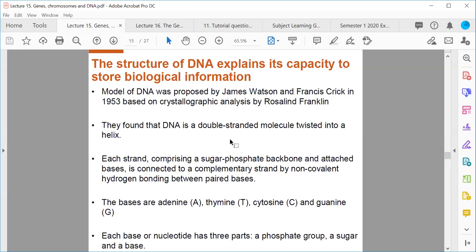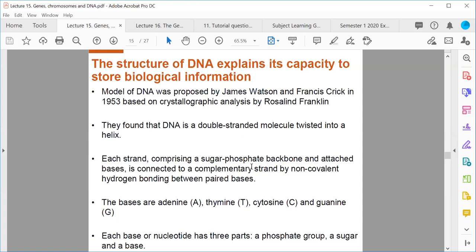All right, but what did they find? They found that DNA is a double-stranded molecule. And those 2 strands of nucleotides, of course, are bonded together, and then that molecule is twisted into a double helix formation, or into a helical formation.